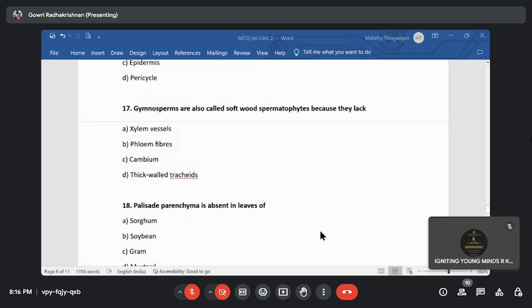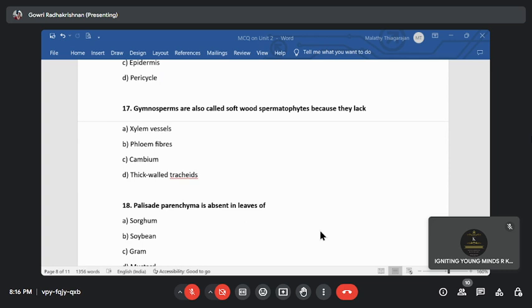Gymnosperms are also called softwood spermatophytes because they lack thick-walled tracheids. Option D, ma'am.